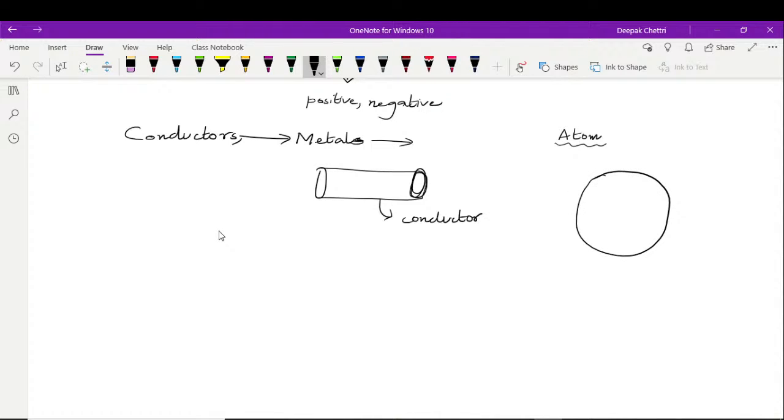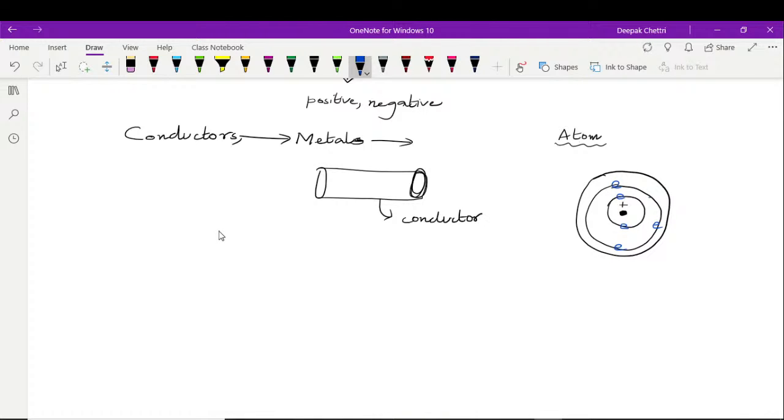Inside the atom there is a nucleus at the center, and this nucleus has a positive charge, and surrounding this nucleus will be electrons, right? Electrons will surround this nucleus this way.